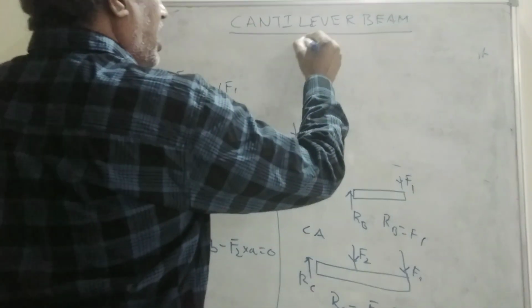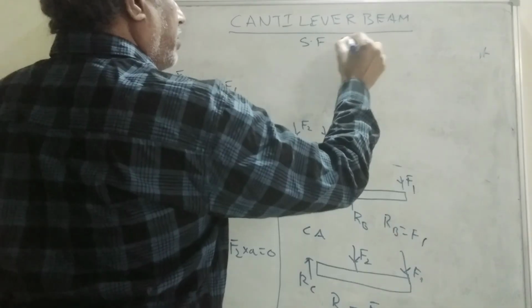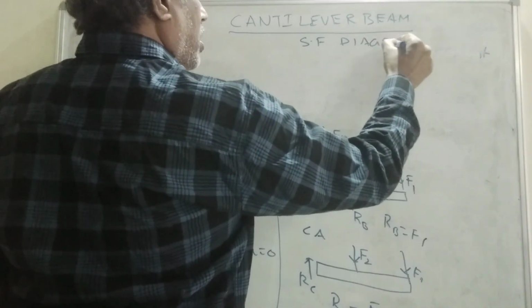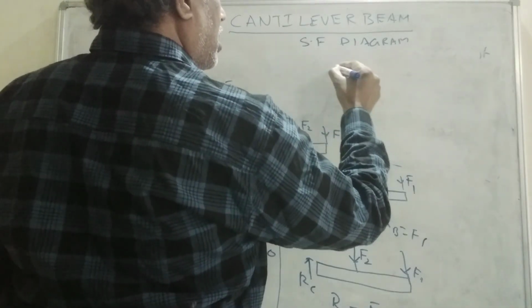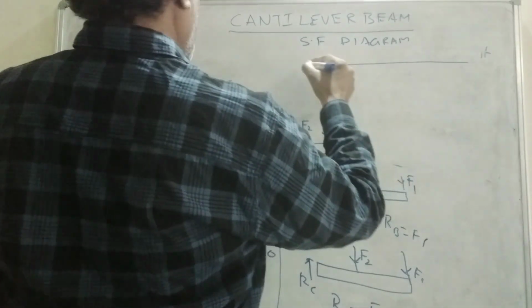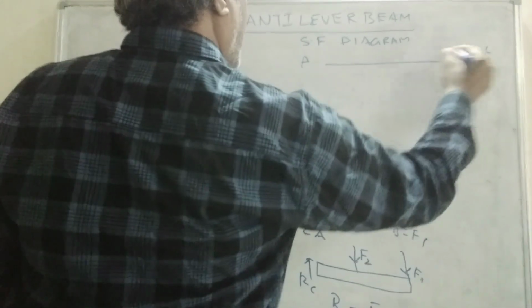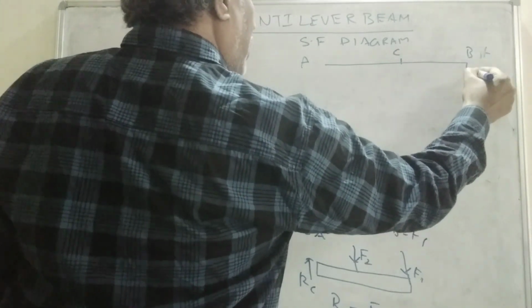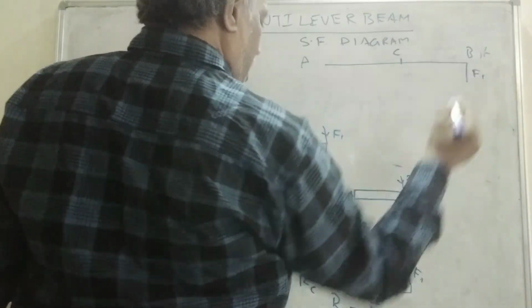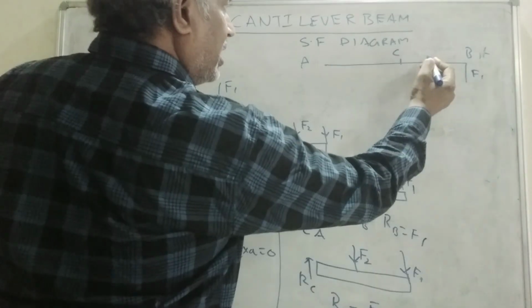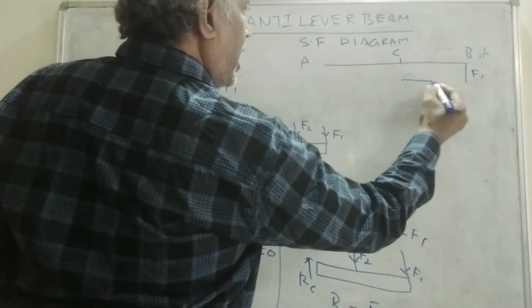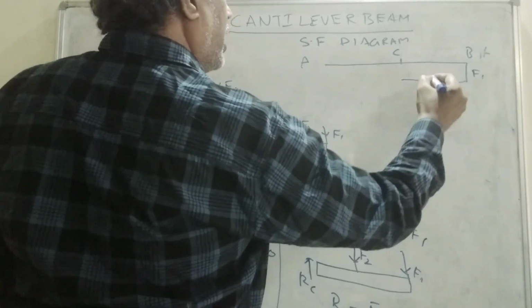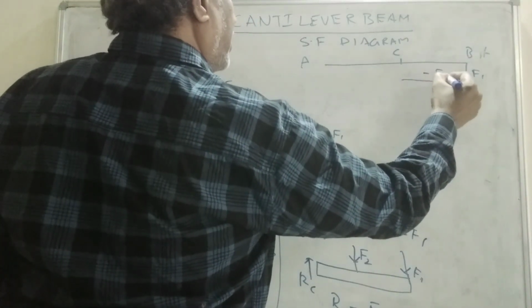Now, the shear force diagram: this is A, B and a point C. So, a negative value, this is F1, up to here it will be minus F1.